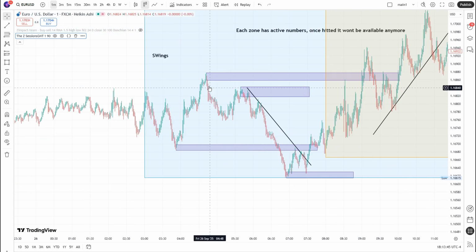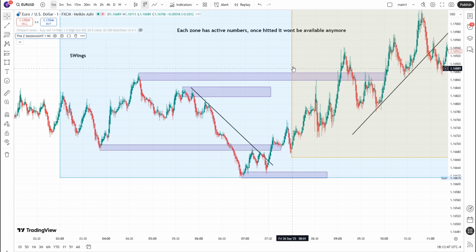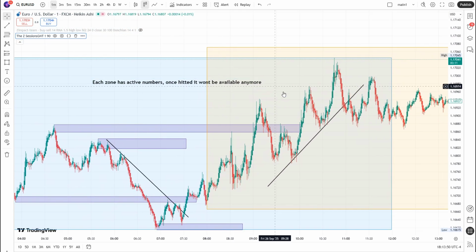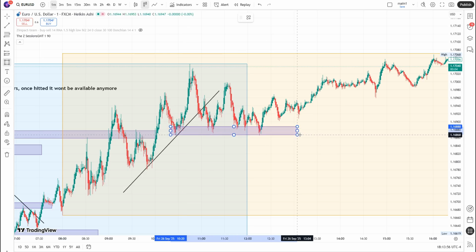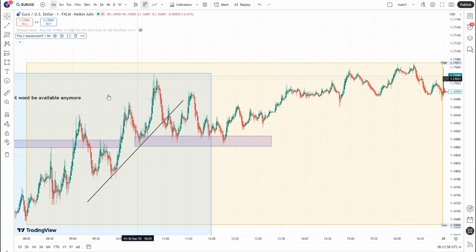But the only zones that we can use multiple times are support or resistance. Here we have another example of support and resistance. As you can see, we have a good support here, and the market prevents breaking this. It's a good support.